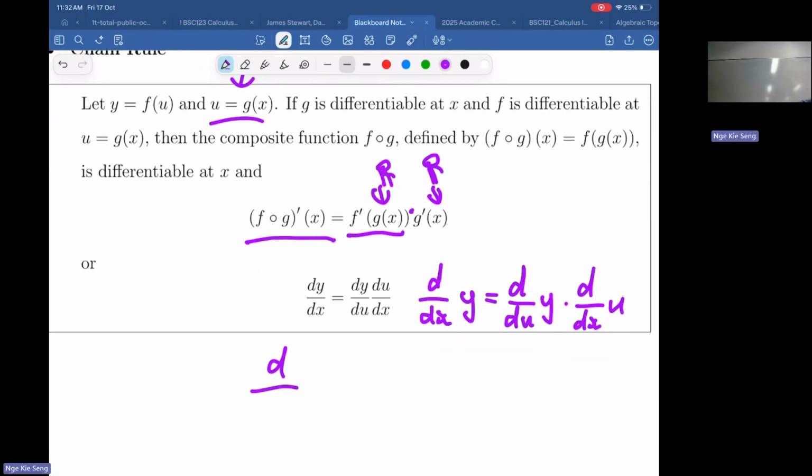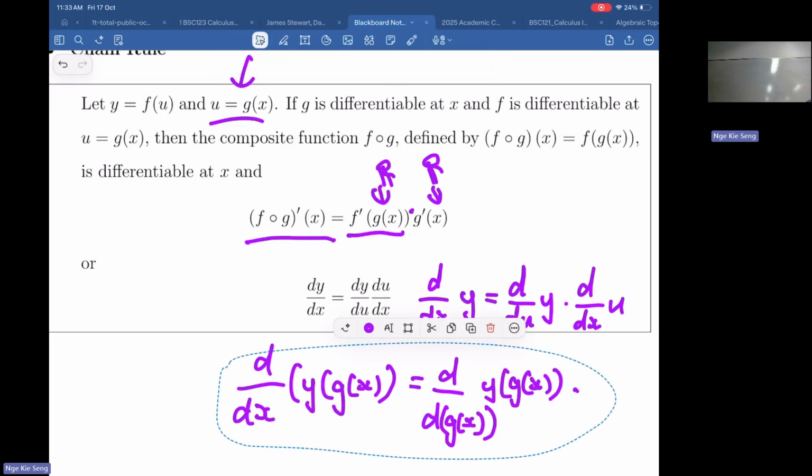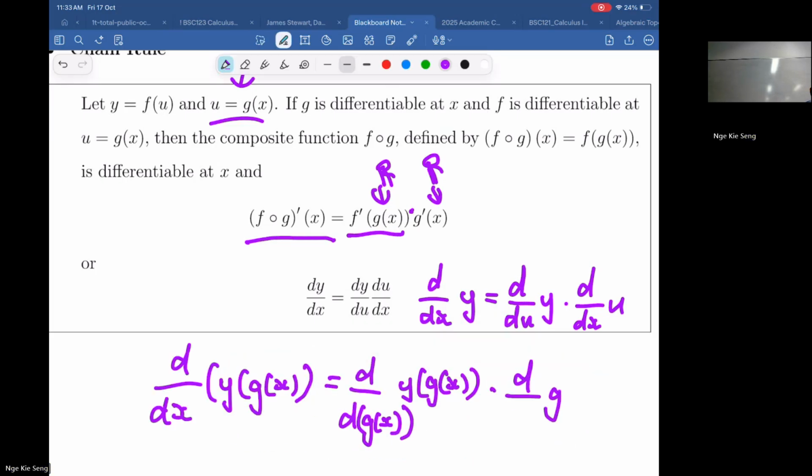Secretly, when you talk about y, you should tell me what y depends on. Actually this y depends on g of x, and then u is just g of x. So you differentiate with respect to g of x. This one I still keep as y of g of x. And the u is actually the g of x we are talking about. Sometimes we write y, x, u, and we never know what function it depends on. So actually y depends on g of x, and g of x depends on x.